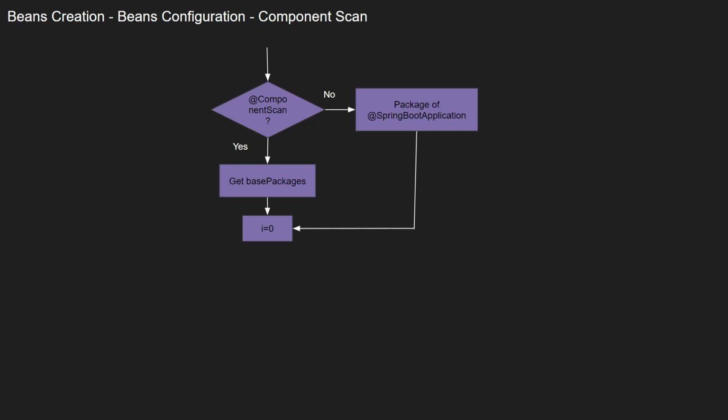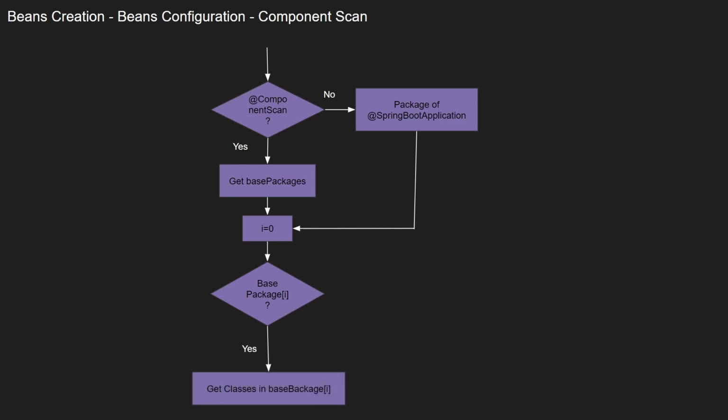It starts iterating through these packages, which are basically the package names, and for each of the package names it checks if there is any base package. If it is there, then it gets all the classes from this base package. It not only gets the classes of the base package, it also gets the classes from the sub packages of this base package.